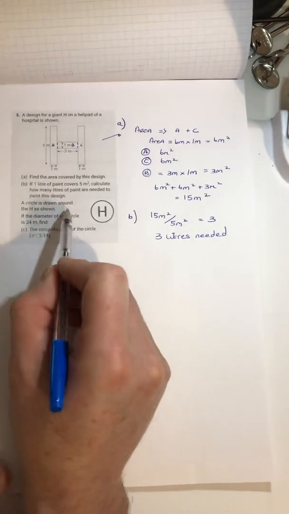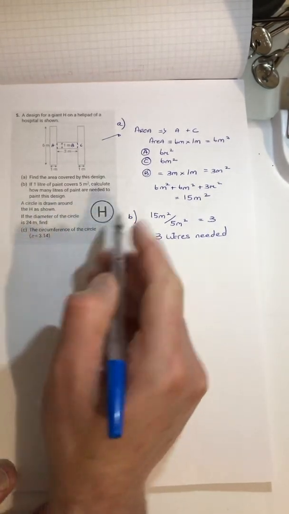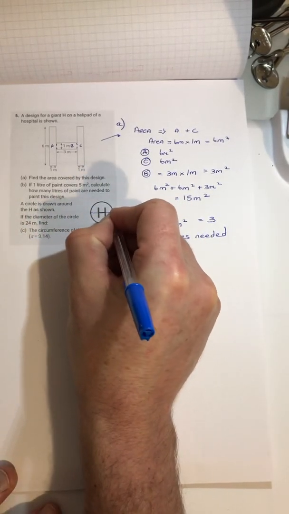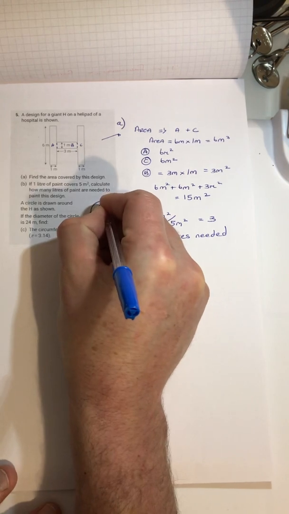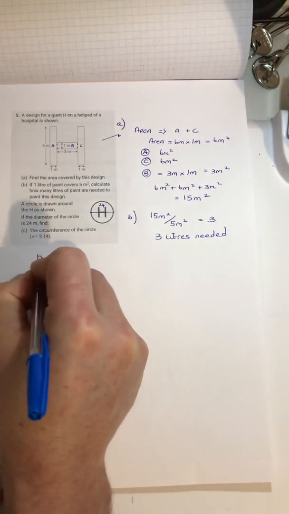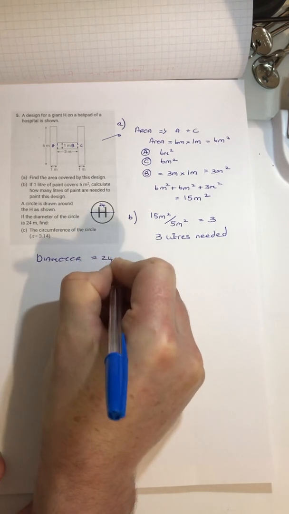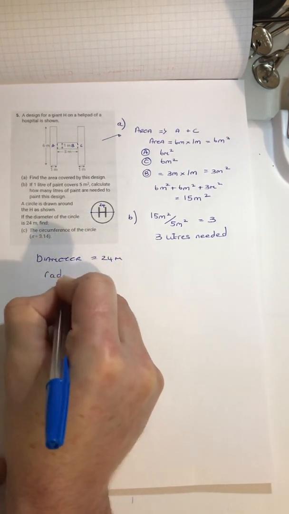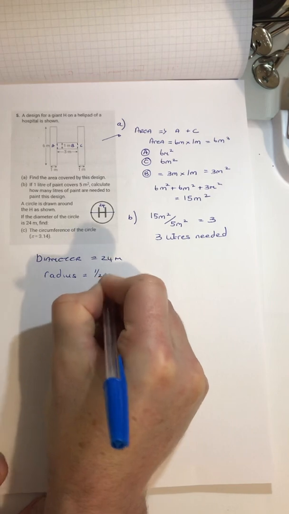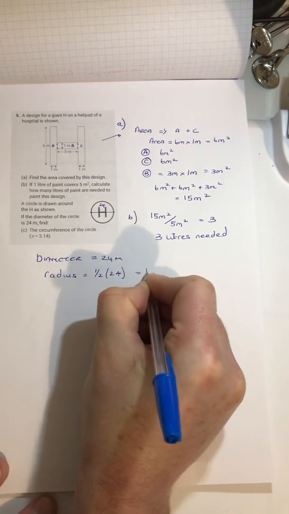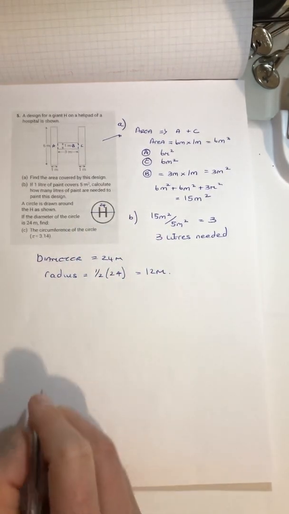A circle is drawn around it, and the diameter of the circle is 24 meters. So if the diameter is equal to 24 meters, the radius is equal to a half of 24, which is 12 meters.